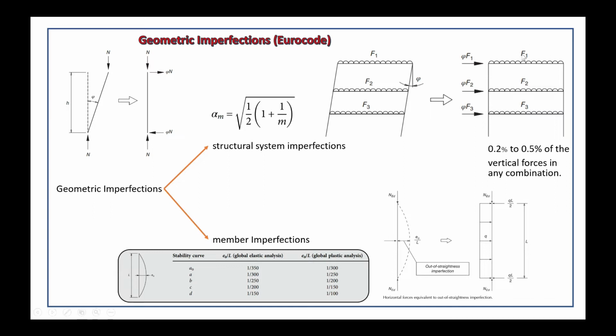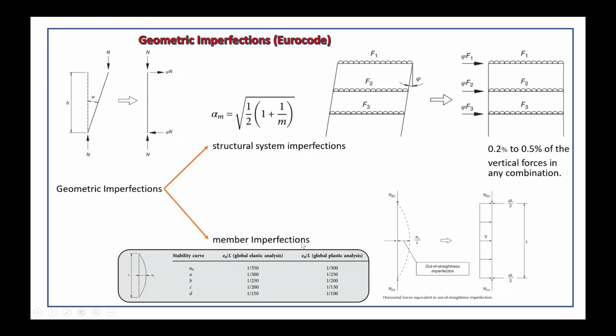This is the value of S1, the force at the first floor, S2 the force at the second floor, and S3 the force at the third floor. So you use a magnitude of 0.2% to 0.5% of the ultimate load, the dead load plus live load, to apply at each floor.